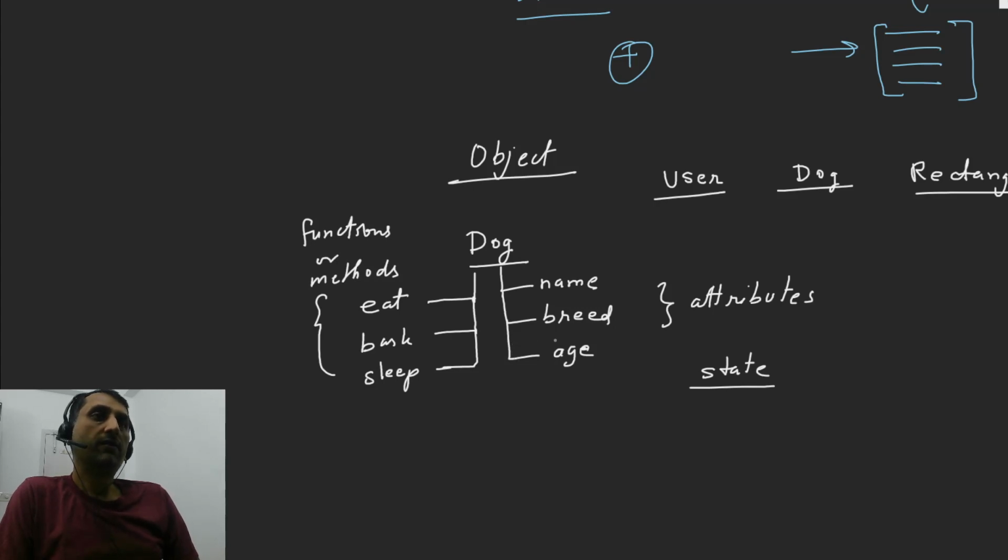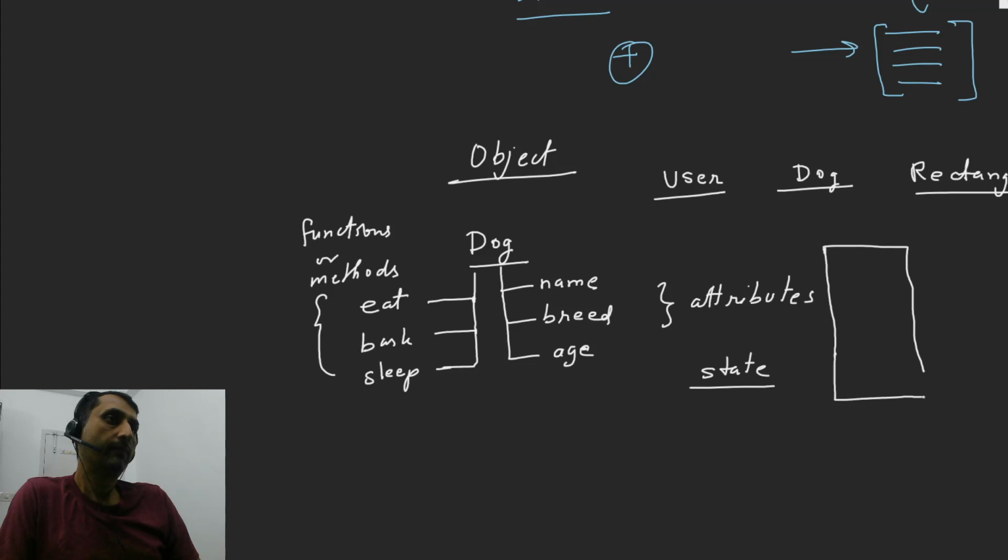So basically, if we represent it in a way in which the industry represents them as an entity, we can have something like this. We can have a name of the object, we can have the title, and we can have these attributes like this.